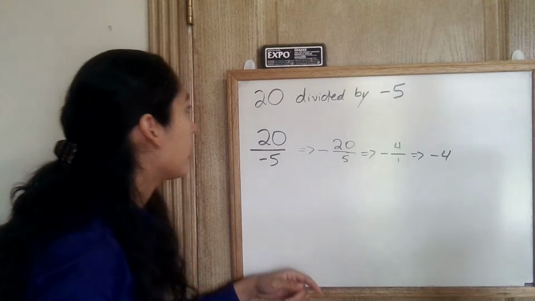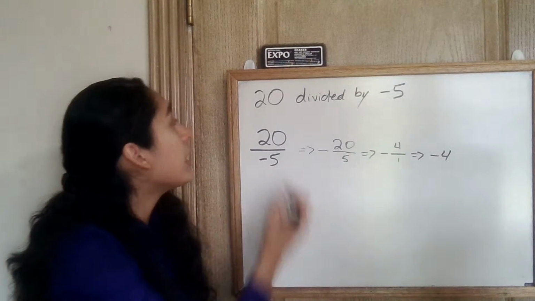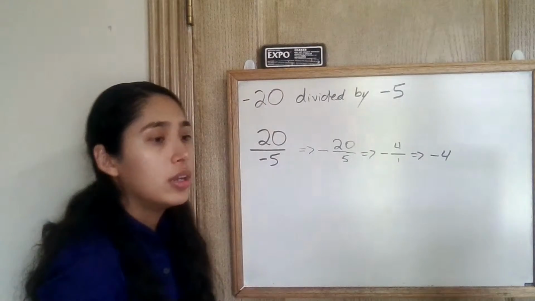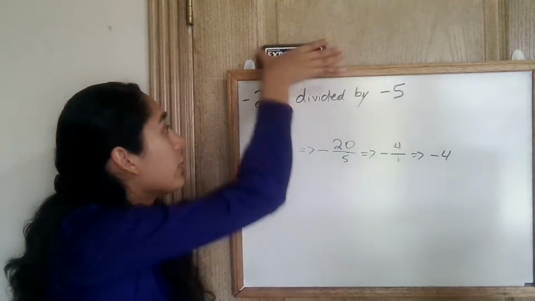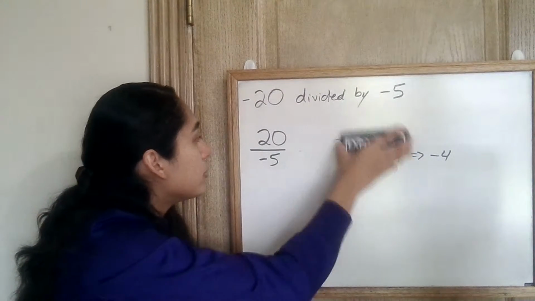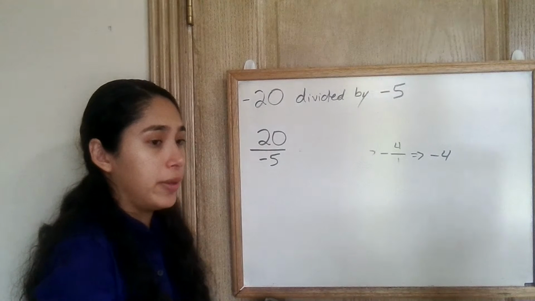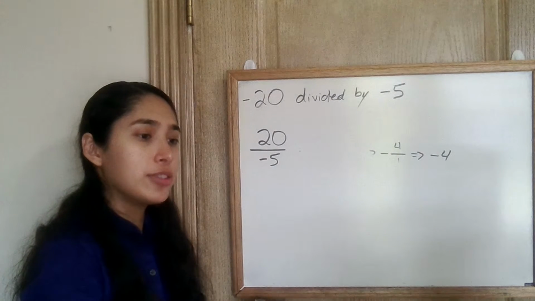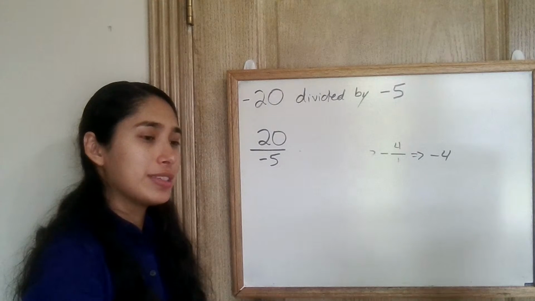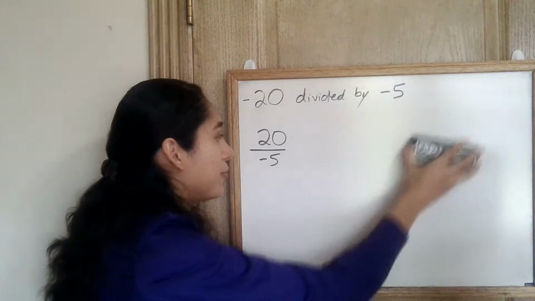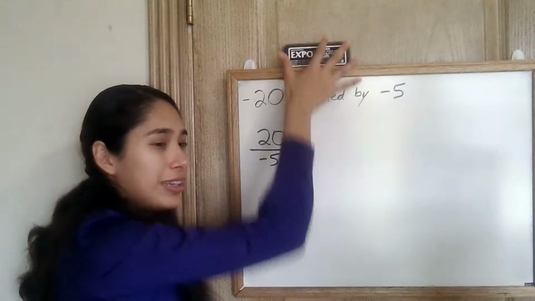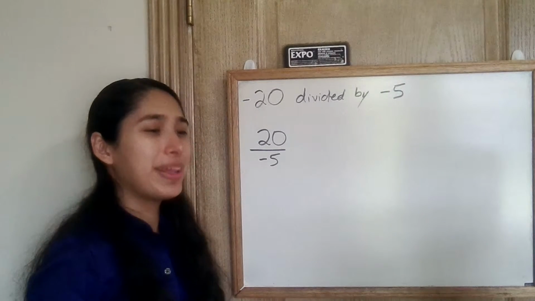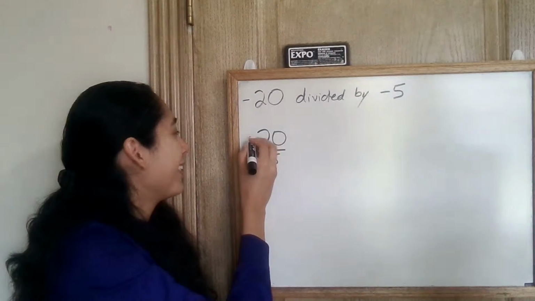Now let's say instead it was asking for -20 divided by -5. Well, misery loves company. Party poopers tend to like other party poopers. People who like to complain a lot love to complain with other people who complain.